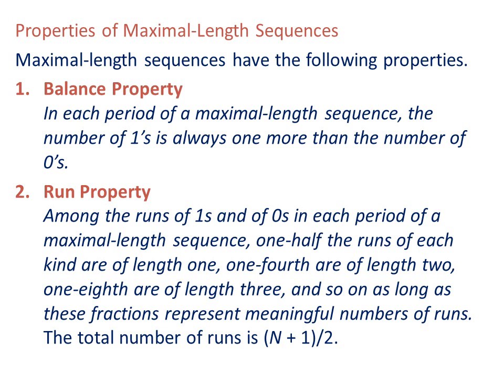The next topic is properties of maximum length sequence. The maximum length sequence has the following properties. The first property is balance property, the second property is run property, and the third property is correlation property. If you consider the first one, that is balance property, in each period of a maximum length sequence, the number of ones is always one more than the number of zeros.